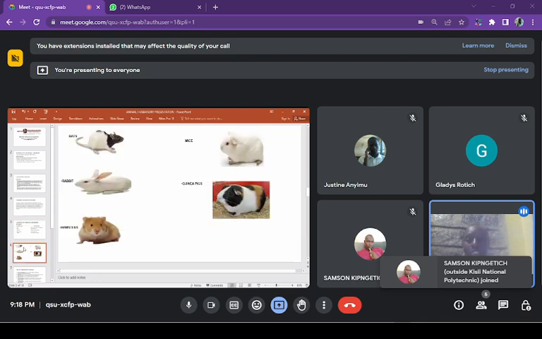Now, as you can see in the next slide, we have the pictures of those laboratory animals, so you can see their color and how they look. We have those rats, and you find they are blended with black and white. We have the mice, they are purely white, and the rabbits, we have those which are white. The hamsters, some of them you find they are brown, and even the guinea pigs.